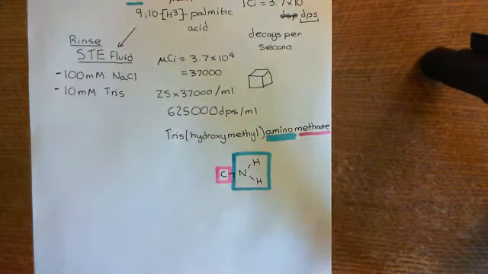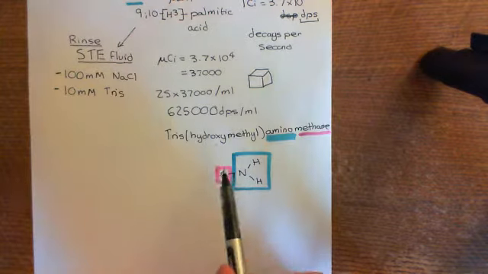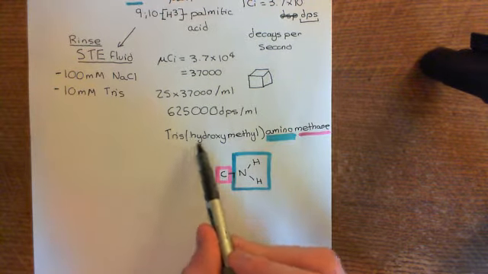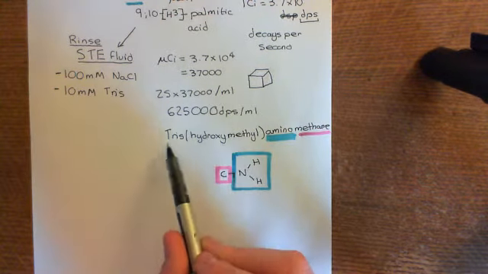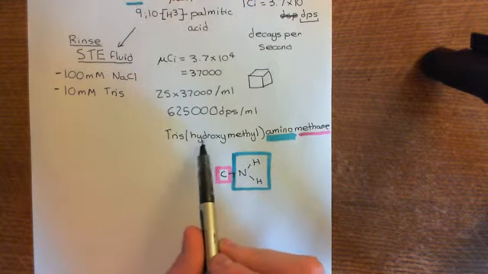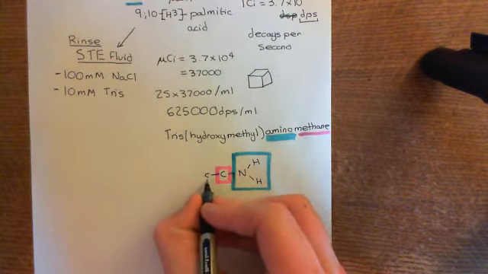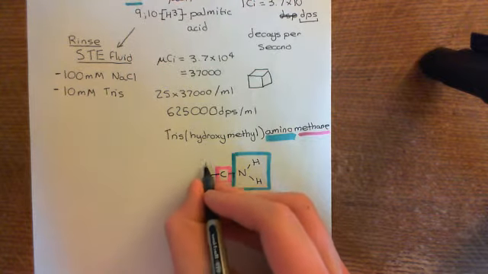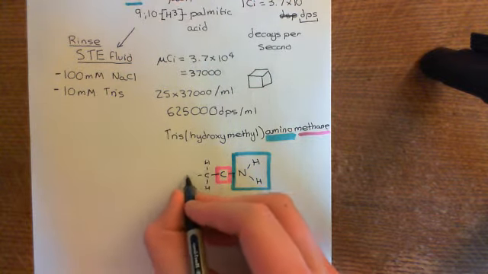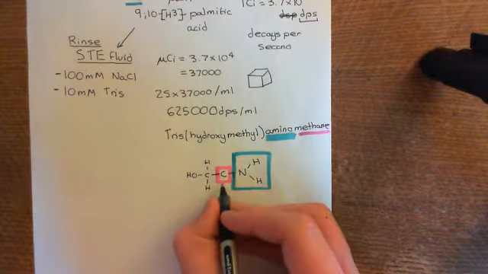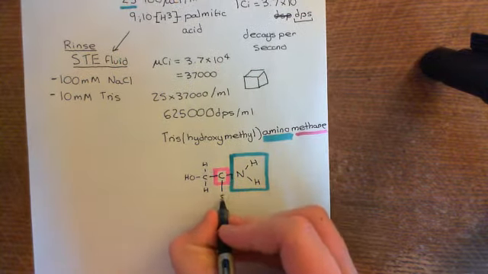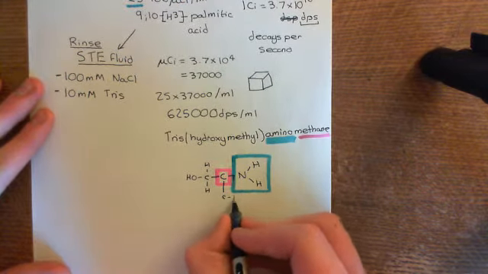Okay, now the other things that are coming off this carbon are the tris hydroxymethyl. So you're going to have 3 hydroxymethyl groups coming off it. Okay, so this basically consists of a methylene group, then with an alcohol group coming off it, like so. And you'll have 3 of those. So they're coming off in all directions, basically.